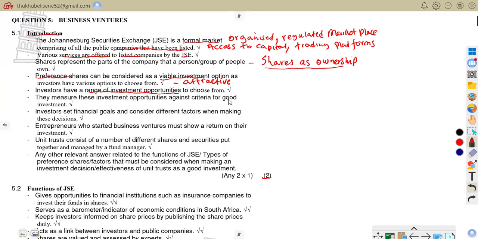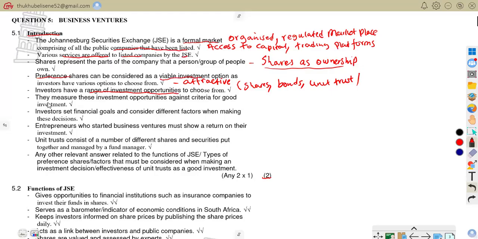They can pick from shares, they can pick from bonds, they can also go for unit trust. So that's what this point means when they say the investors have a range of investment opportunities to choose from.